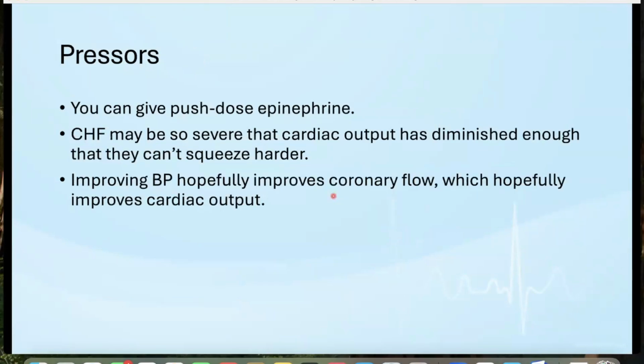So pressors in these catecholamine-mediated acute pulmonary edema events, you sometimes have to give push-dose epinephrine. If somebody's blood pressure is low, despite them having a ton of their own catecholamines surging around, we need to do something to get that cardiac output to improve.